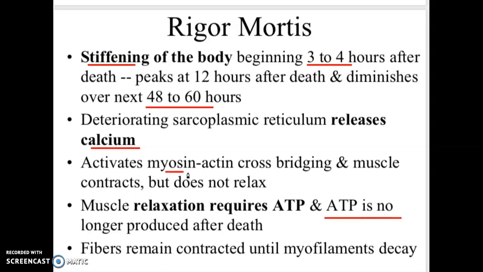So the myosin-actin cross-bridge forms, muscles contract, but they can't relax because you need ATP to relax. And so individuals look like they are very tense, but they are actually no longer alive. This continues until eventually the myofilaments actually decay. Once they decay through kind of normal processes, then the contraction stops.